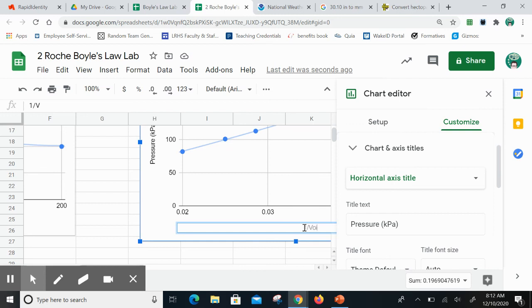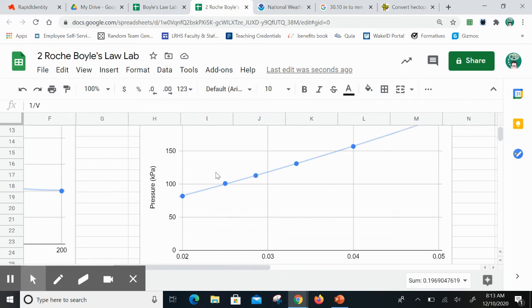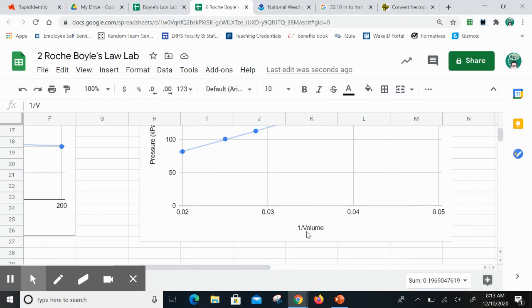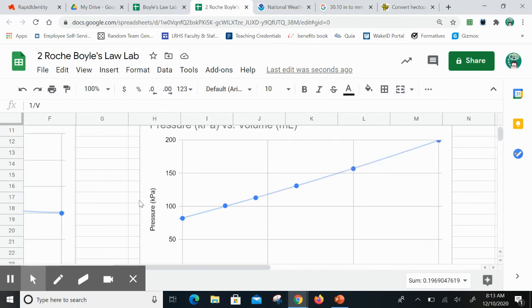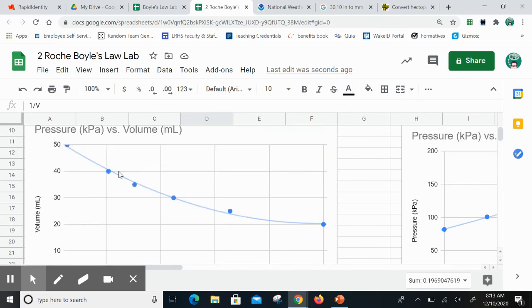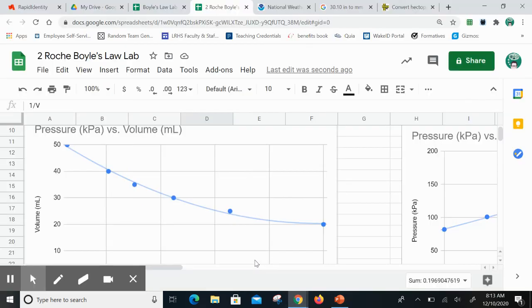Ta-da! So the titles aren't right, but just for people who care, pressure versus 1 over volume is a straight line, and volume versus pressure is that curvy line like we told you it would be right here. And that is your lab.